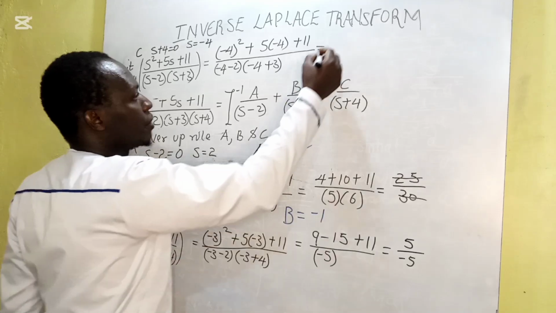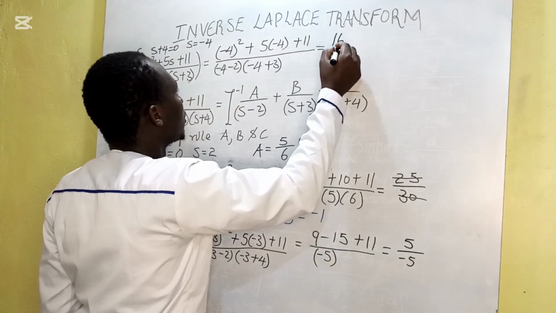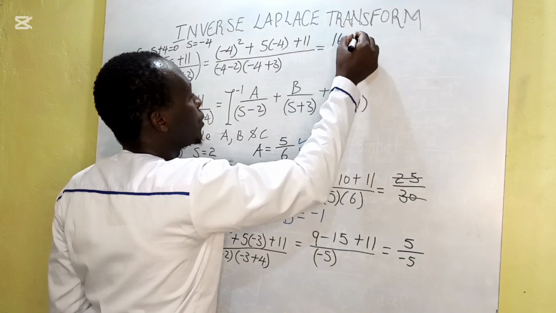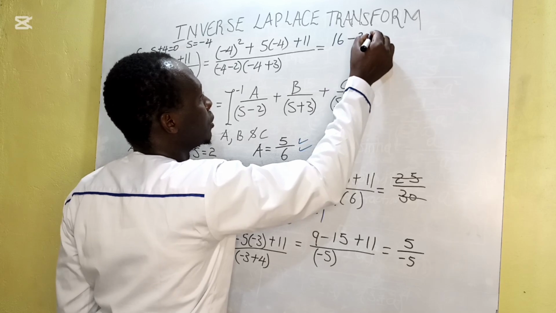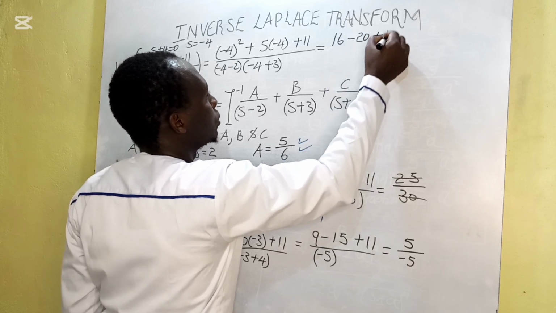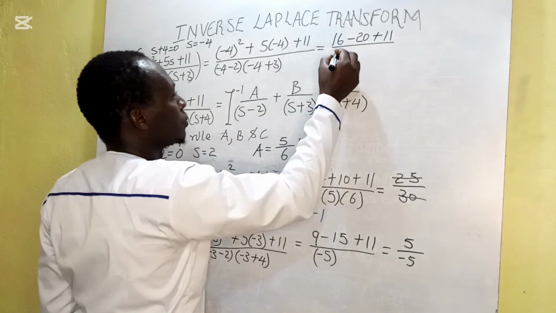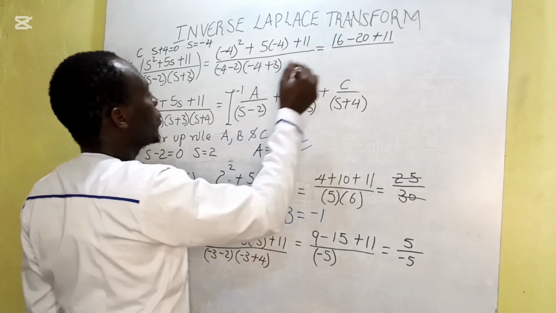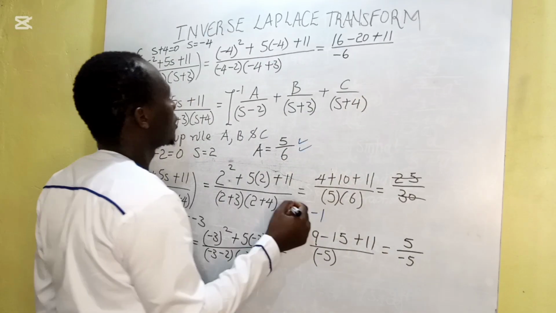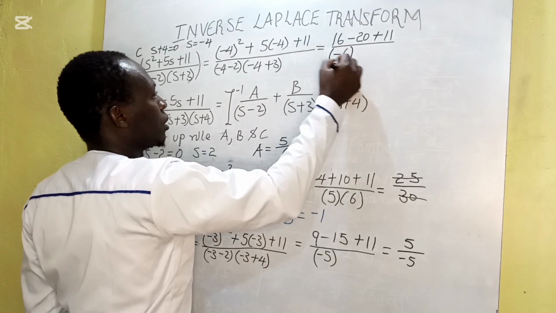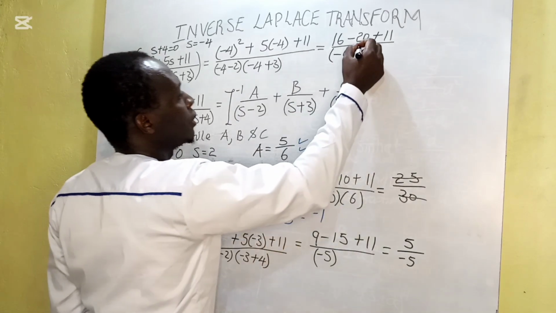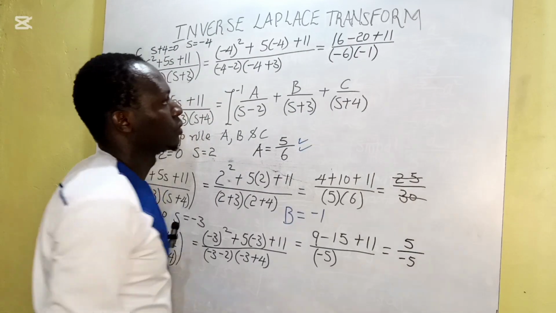Here we are going to have 16, we subtract from 20, we add to 11, all over negative 6, we multiply by negative 1.